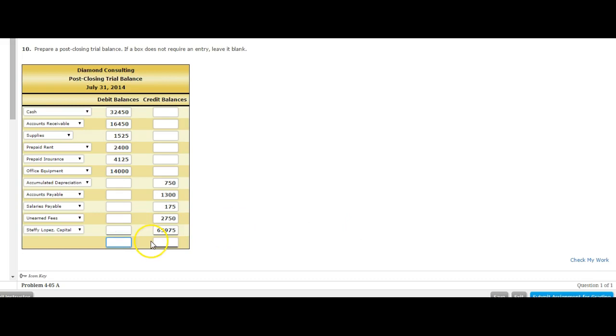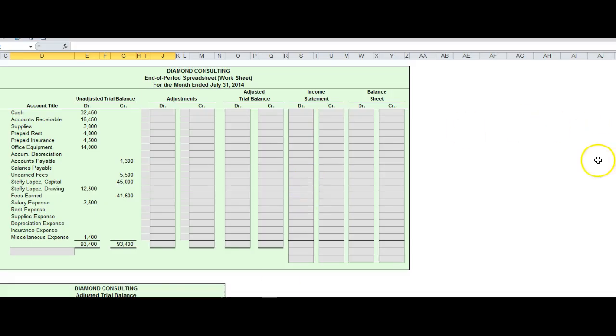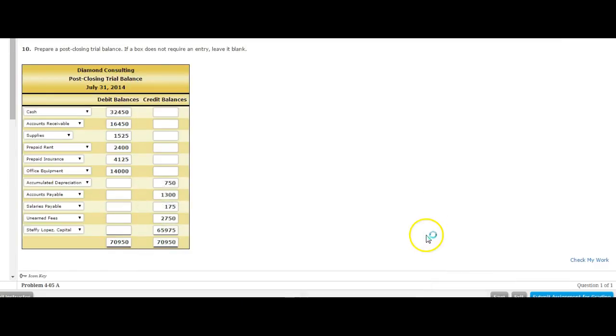If you add these up, that should come up to 70,950. And that is how you transfer that. Now you could have gone and used this sheet and carried through, but that's basically what we did here. If you filled this out, that's very good practice for you. Okay, that's it. I hope this helps.